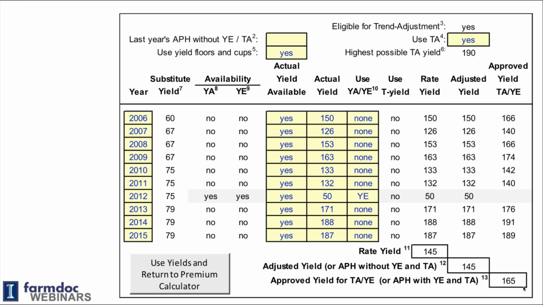There are complicated rules associated with YA and YE, and you get those when you have multiple units. If you have multiple units in a county, you have to make these decisions, and they apply to all the units. There are also cases where there are caps and floors, and if you make YA and YE adjustments, those caps and floors are no longer applicable.